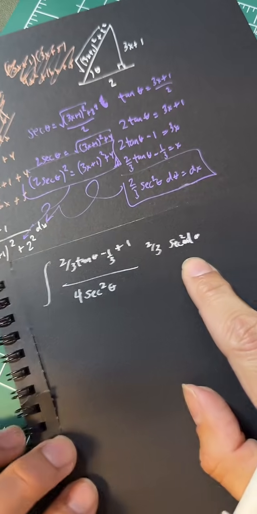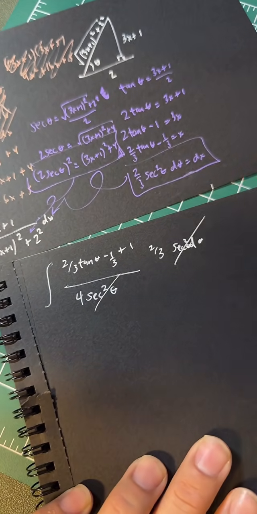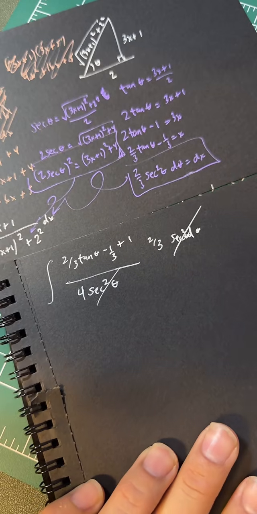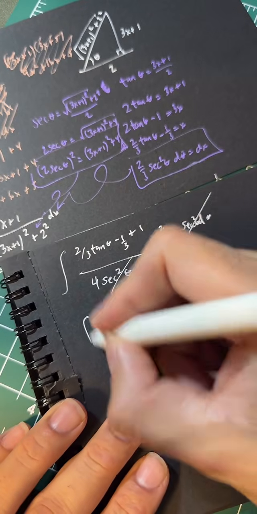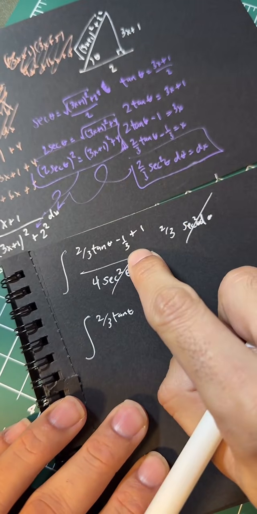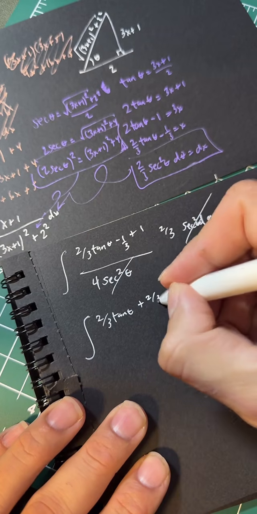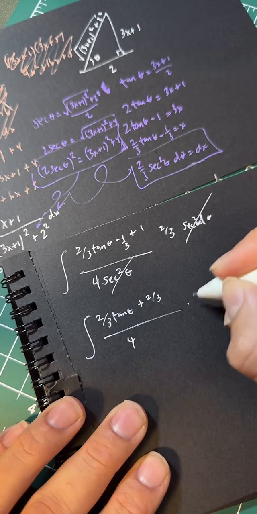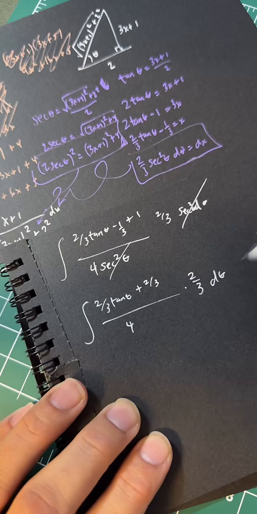Whoop, that was pretty gnarly. That was nasty. But here we go, guys. This is kind of nice. Why? Because this cancels out. That's actually not bad, right? Let me simplify these things. So this will become 2/3 tan theta, and then this is negative 1/3 plus 3/3, so that's plus 2/3, all over 4 times 2/3 d theta.